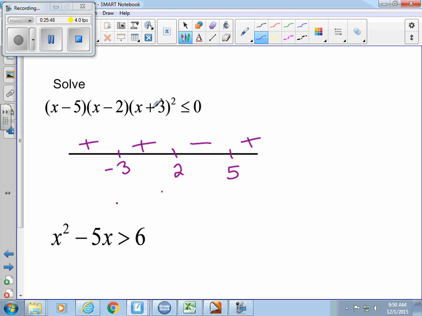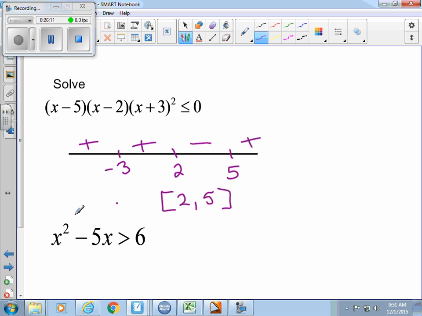So let's answer the question. When is this less than or equal to 0? First of all, when is it less than 0? Between 2 and 5, and at 2 and 5 we equal 0. Because of this weird plus thing, let's also ask the question, is there anywhere else that it actually equals 0?